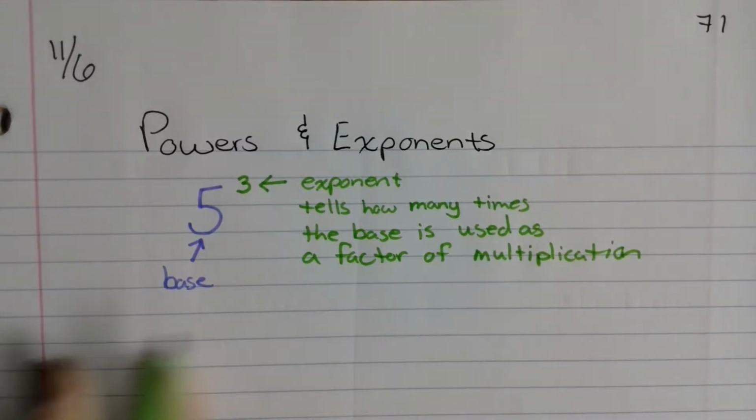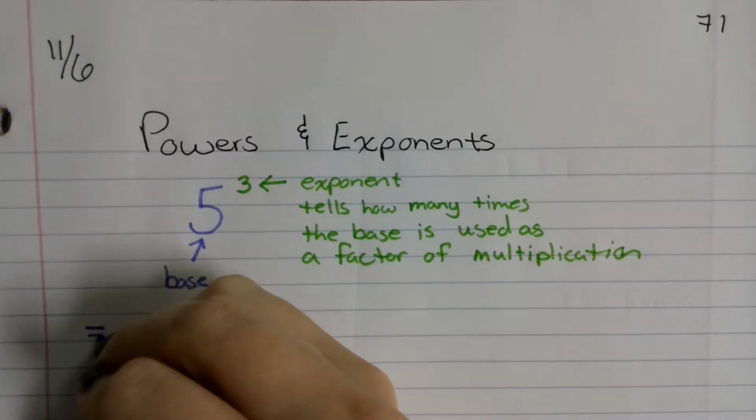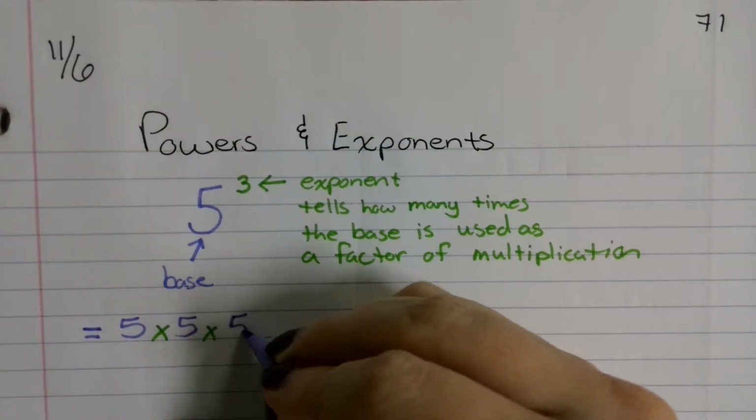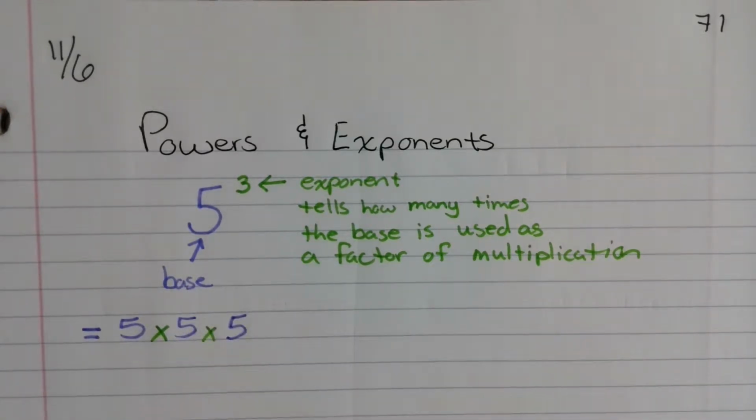So again, if we were to write this out in expanded form or standard form, it would be 5 times 5 times 5.